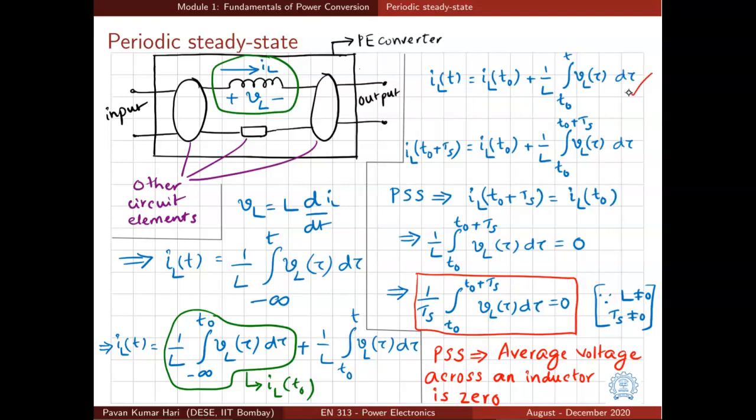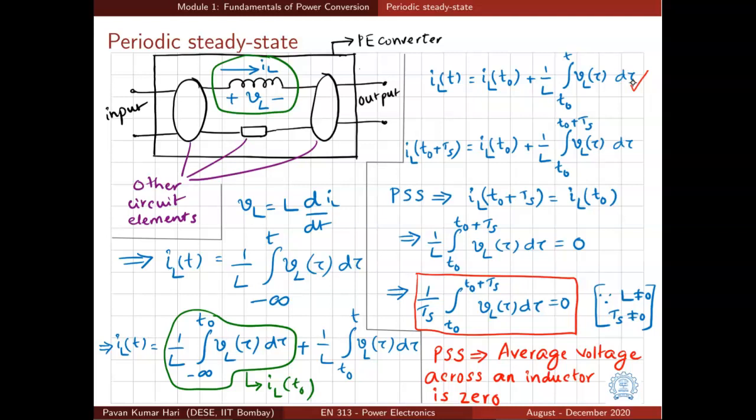Using this expression, we can write the current at any other instant. So let us consider IL of t naught plus Ts. That can be expressed as IL of t naught plus 1 by L integral t naught to t naught plus Ts VL of tau d tau.